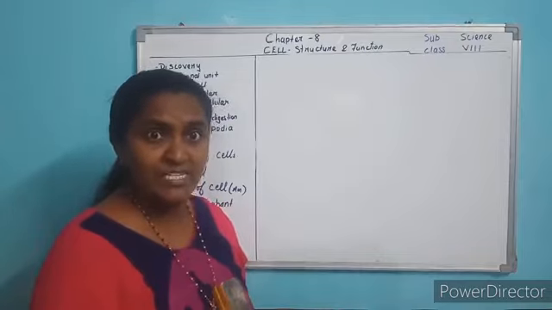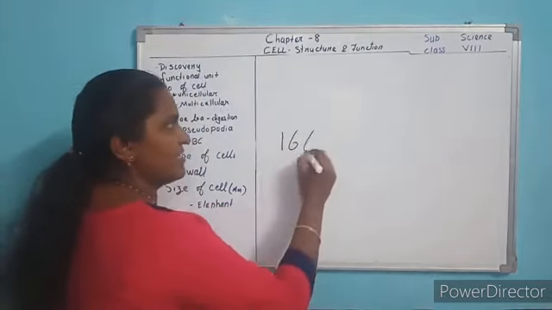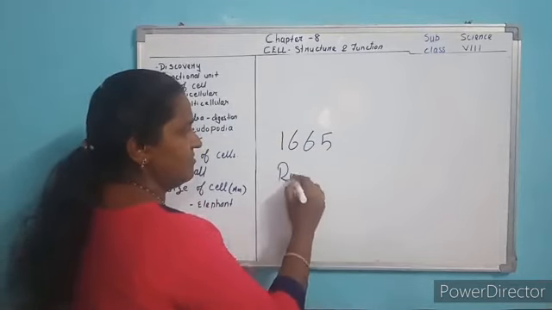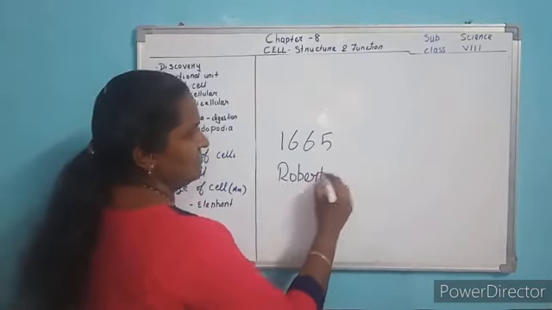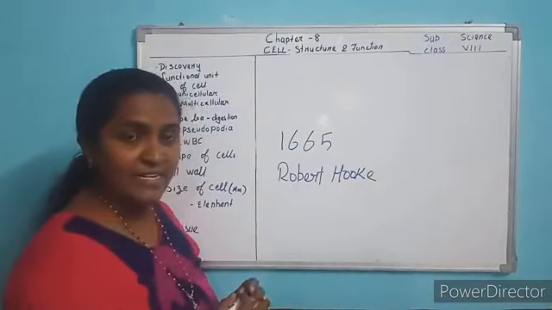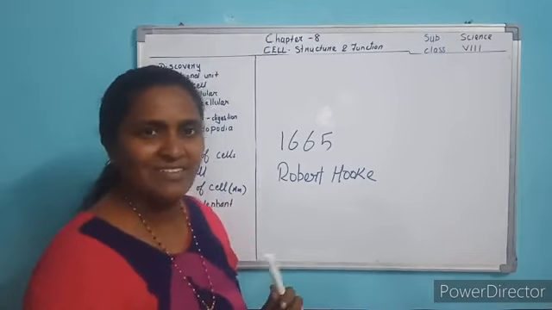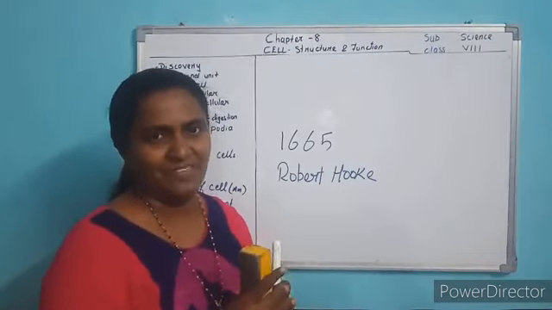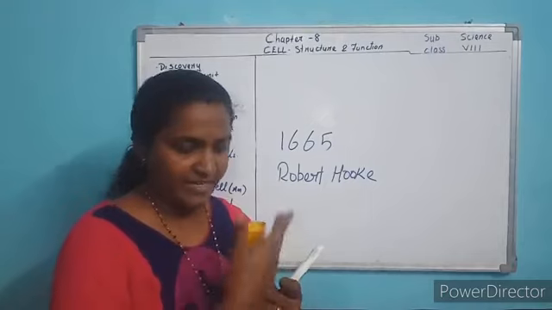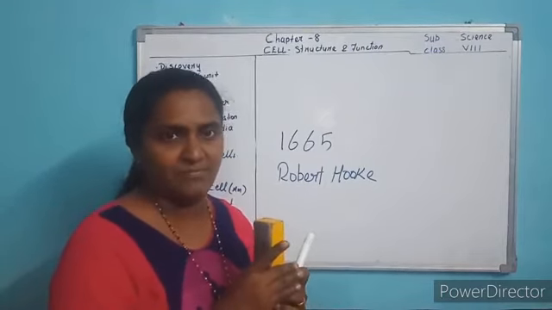The cell was discovered by Robert Hooke in the year 1665. He took the bark of the tree, that means the outer layer of the tree, which is a non-living thing.